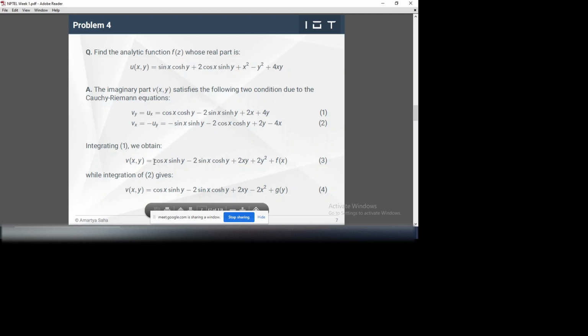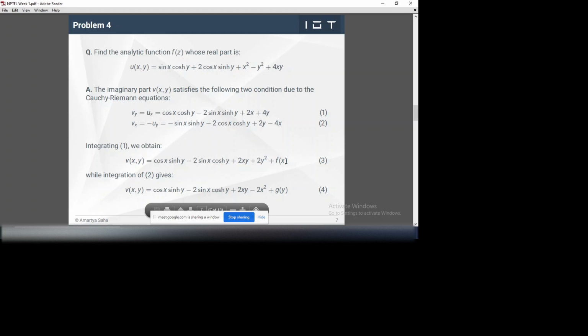So consider this first term, cos x cosh y. The integration of cosh y with respect to y gives us sinh y, and cos x is treated as if it is a constant while we are integrating the y variable. The other terms have to be treated similarly.